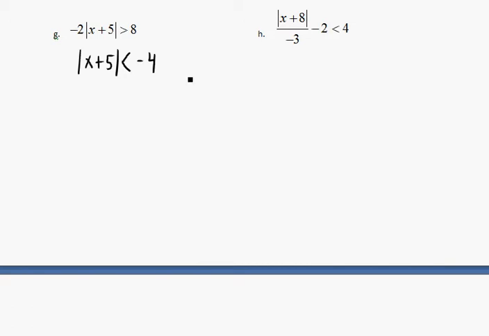Now, something a little curious happens in problem G. If you think about this negative here, it says that the absolute value of a quantity is less than a negative. But the absolute value is a distance, and a distance can't be less than a negative because a distance can't be negative. So in fact, this has no solution.